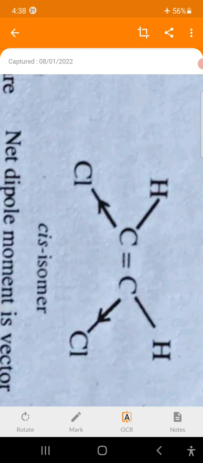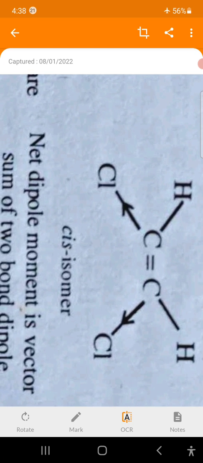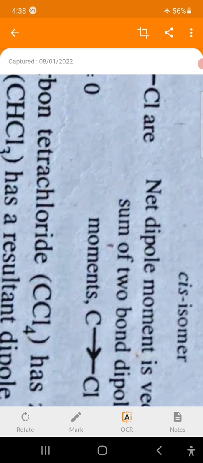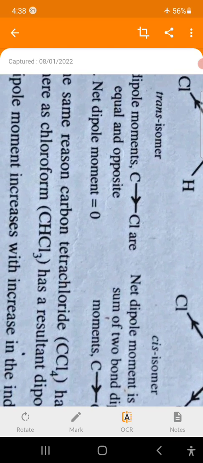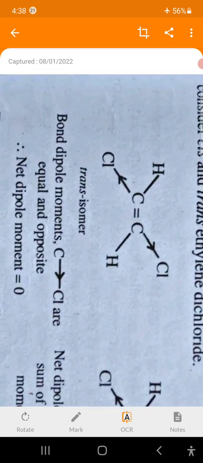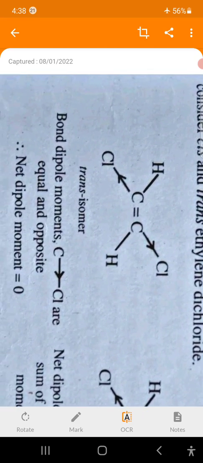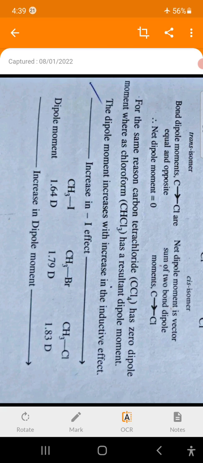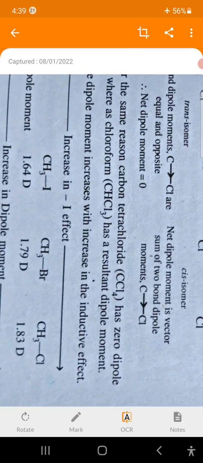While if we consider the cis isomer of the same molecule, then it shows a non-zero dipole moment, while for trans the dipole moment is 0 because they cancel each other. Similarly, in carbon tetrachloride, the dipole moment is 0. Here the dipole moment for some molecules is given.